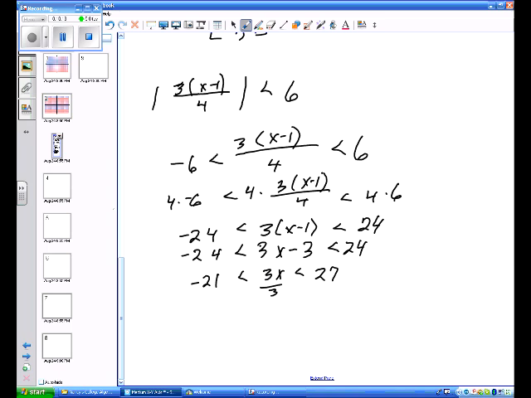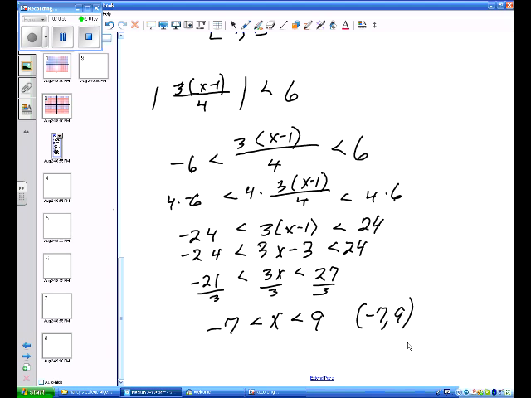Then we'll divide everything by 3. So we have negative 7 is less than x, and x is less than 9. In interval notation, it doesn't include the endpoints, so it would be negative 7 to 9. But we go through and we set them up and we solve them the same.